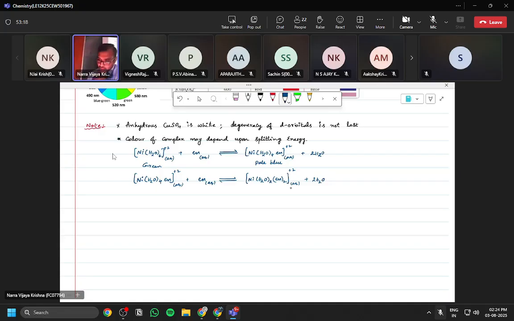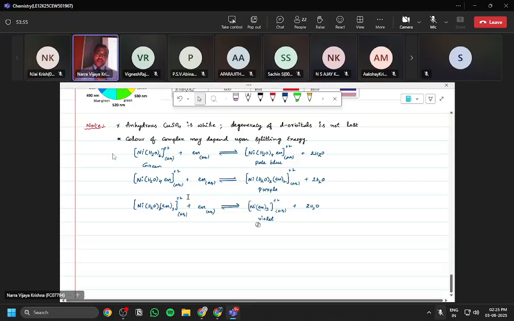So the color becomes purple. Now again, when it is allowed to react with a third mole of ethylenediamine, it becomes violet in color.